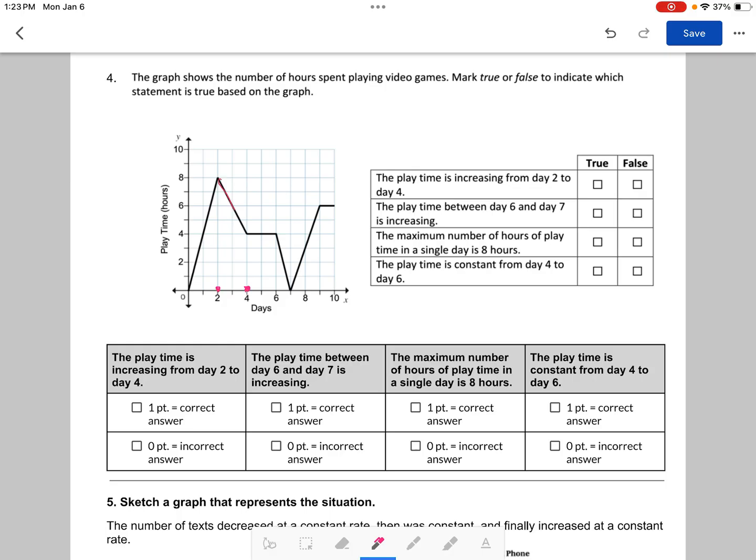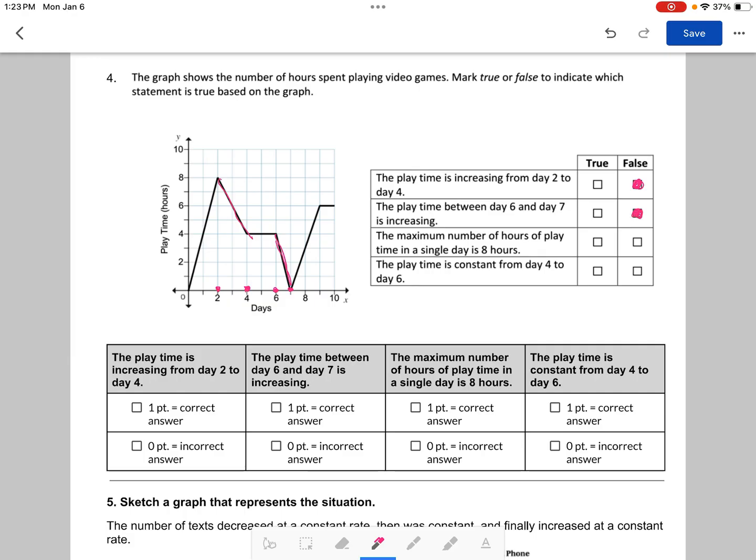We're not increasing, we're decreasing, so this statement is false. The second statement says the play time between day 6 and day 7 is increasing. Well, no. As I highlight here, it's actually going down. It should say decreasing, so this is false.